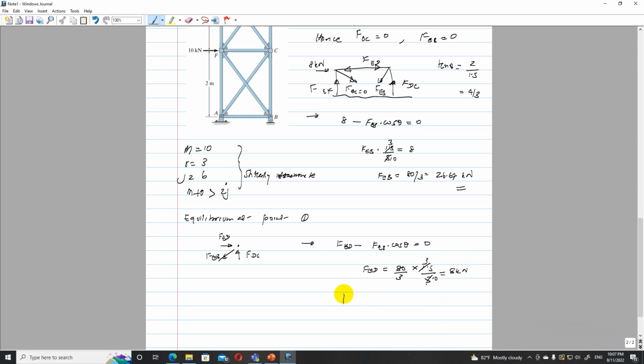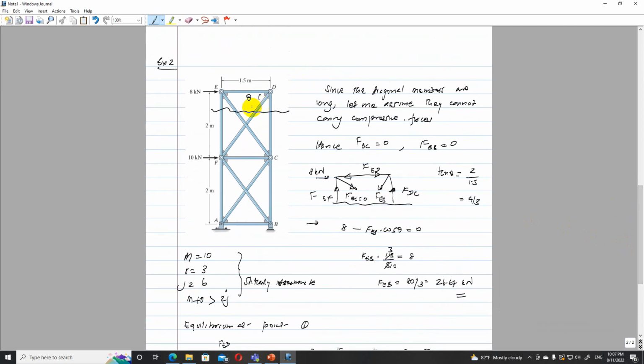So similarly, if I balance vertically, FDC minus FEB sin theta is 0. So FEB sin theta is 8. So FDC is also 8 kilonewton. So now this member I have found to be 26.67. This one is 8. This one is 8 kilonewton.